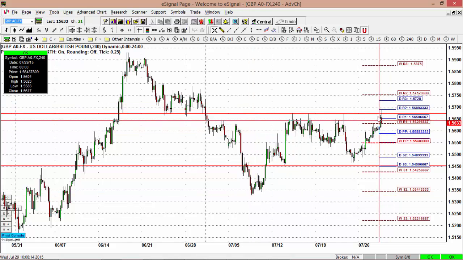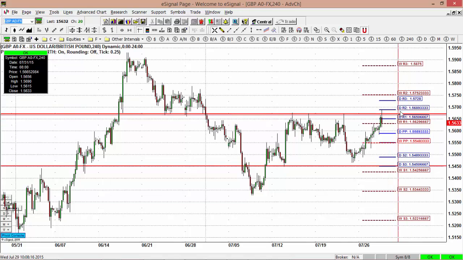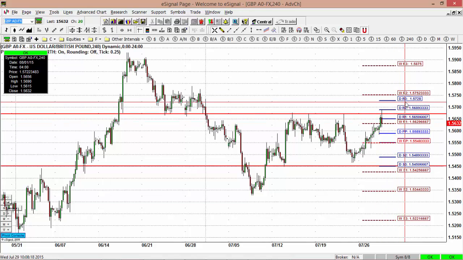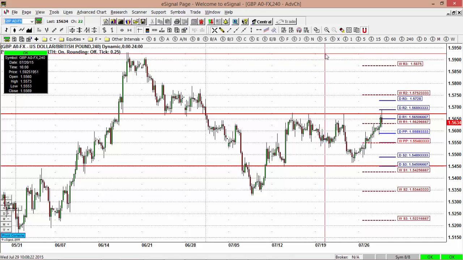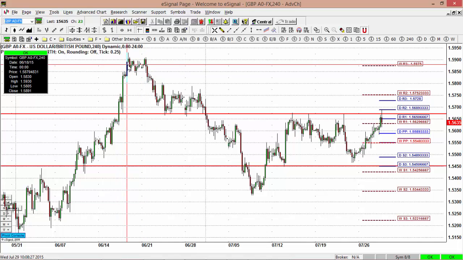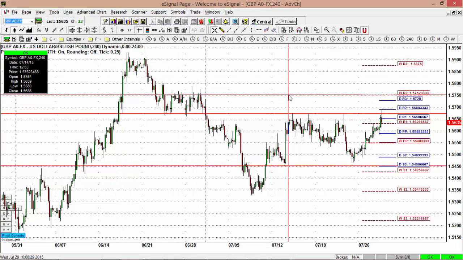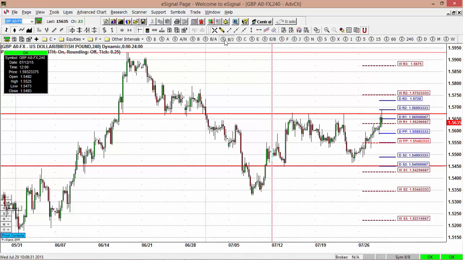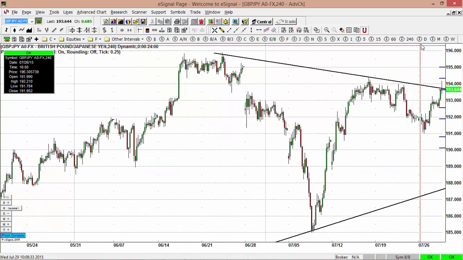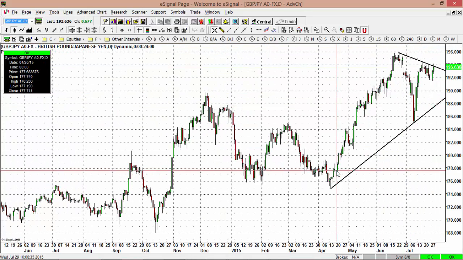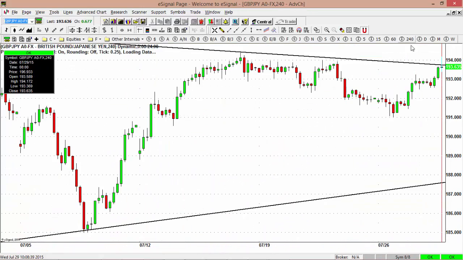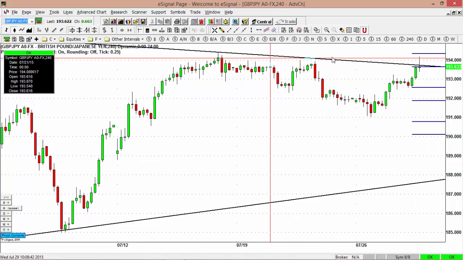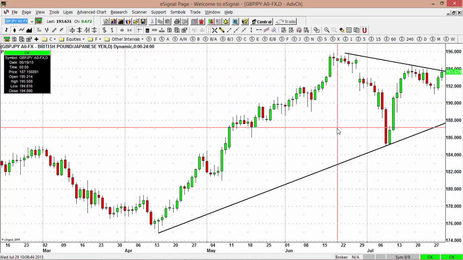A close above the 156.50 to 157 area will be bullish, and if that happens, we could see a retest of this 159.30 actual high with the British pound. The British pound versus the Japanese yen was doing well this morning. It's still doing well, up against the Japanese yen, and we are currently trading at this resistance level.